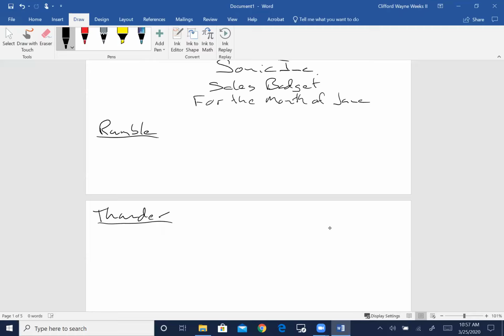The East division expects to sell 12,000 units. The West division anticipates selling 14,000 units of Rumble. And so they expect total sales of Rumble to be 26,000 units.